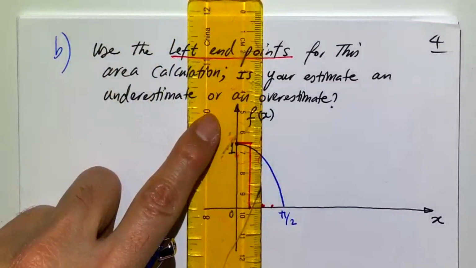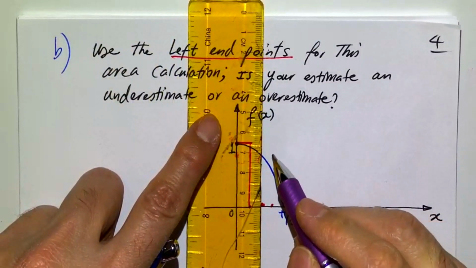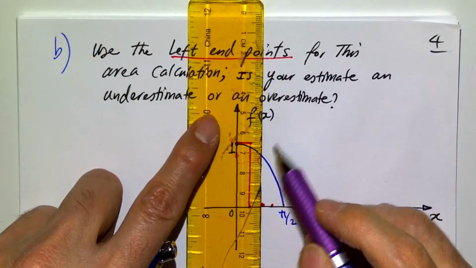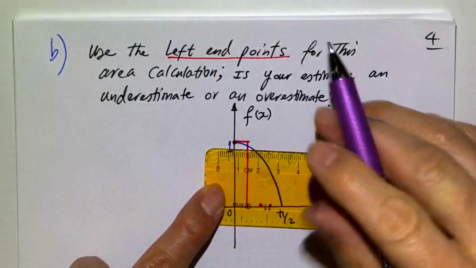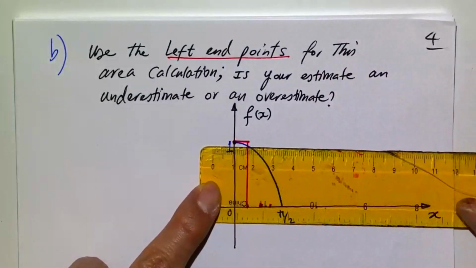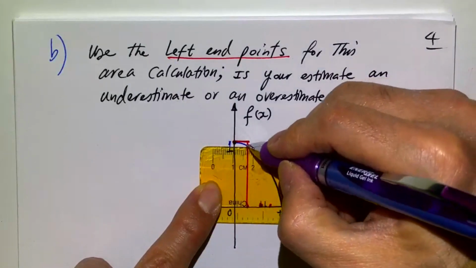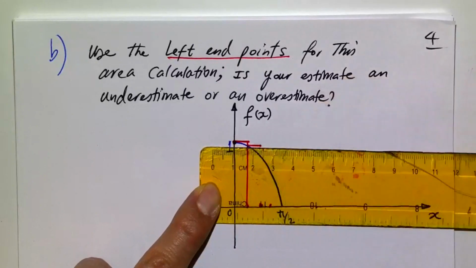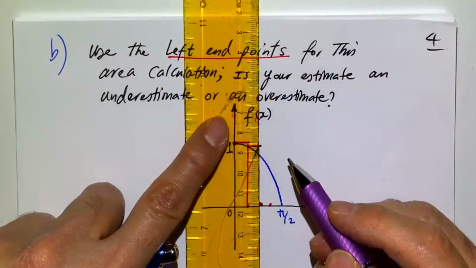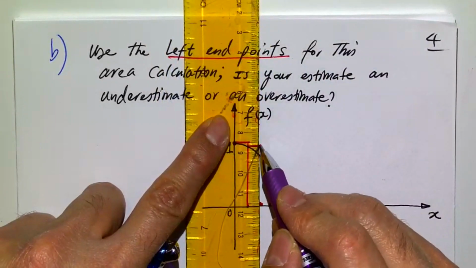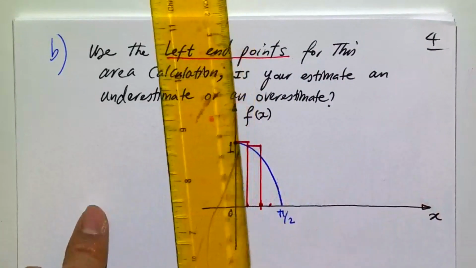And then also, the next one will be here, right? Right there, the left endpoint right there. We take that, and then over, like that.